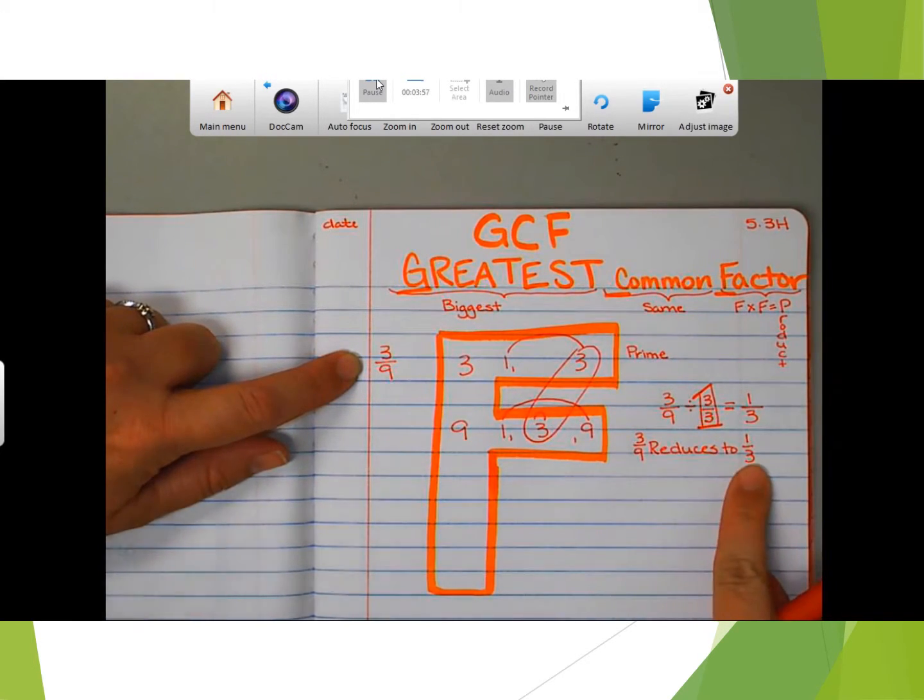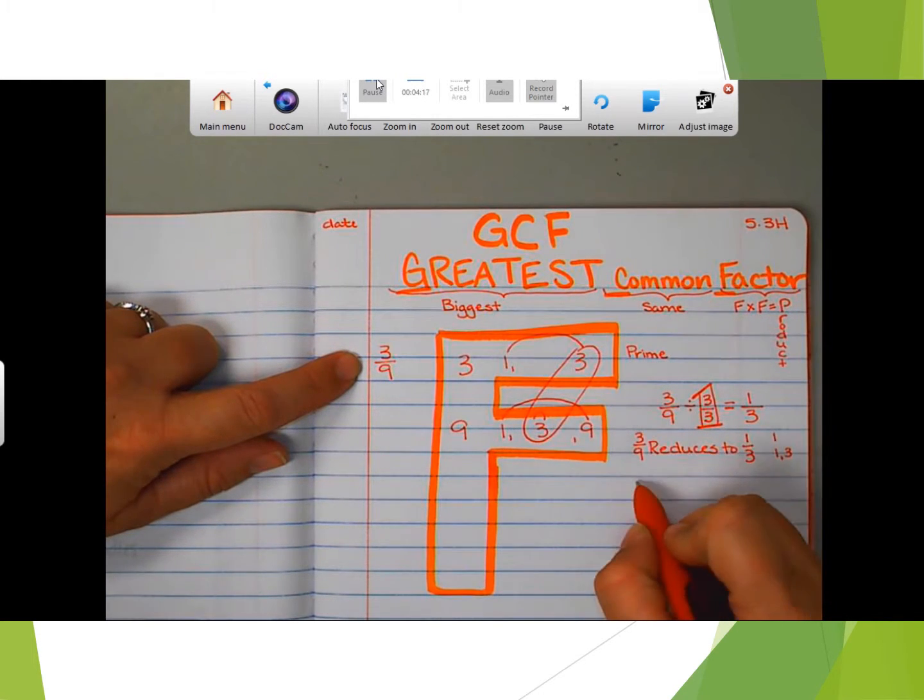This is its simplest form because if we list out the factors for 1 and 3, we're only going to have 1 and 1 and 3. This one, 3 is prime. 1 is a special case because its only factor is itself. Okay, so that's how we know it's in its simplest form.